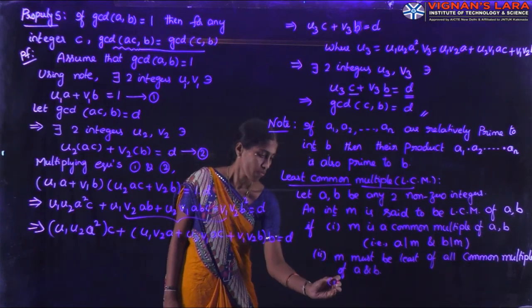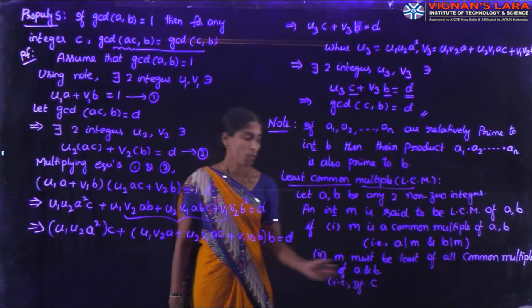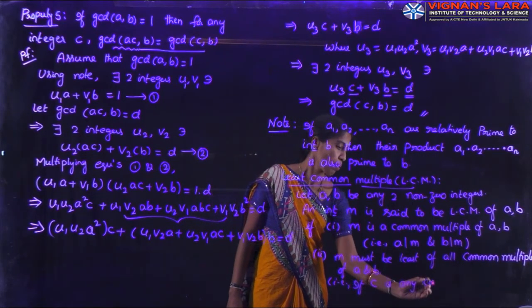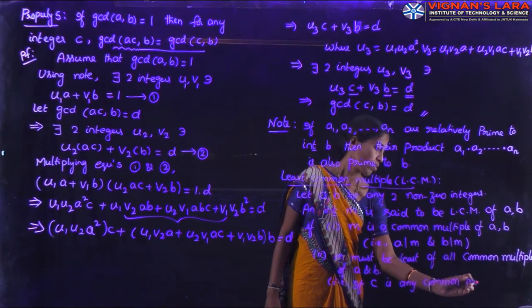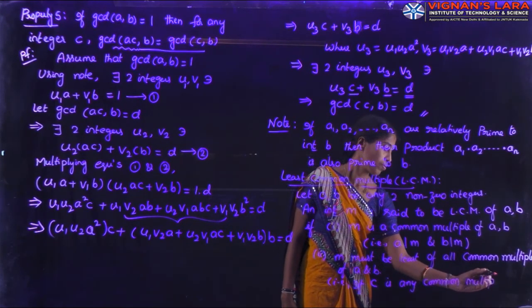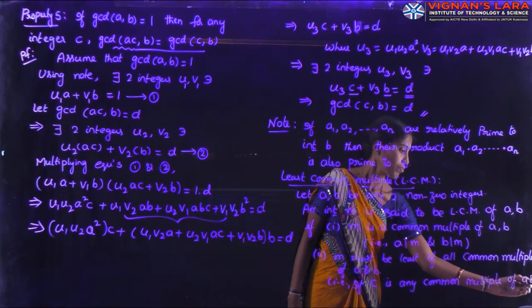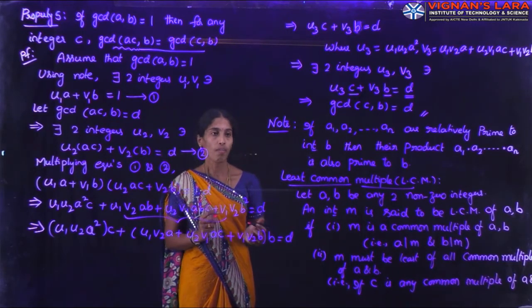So, the meaning of this one, suppose c is any common multiple of a and b, right? So, c is any other common multiple of a and b.